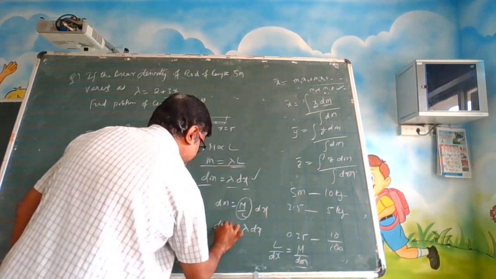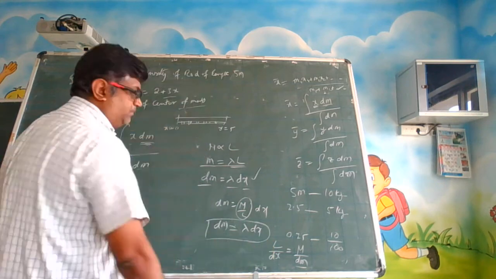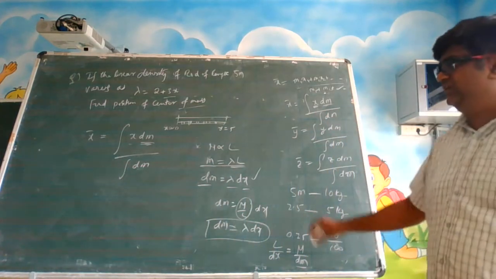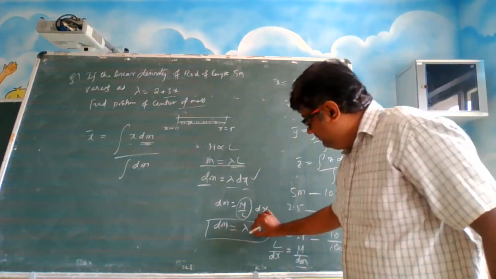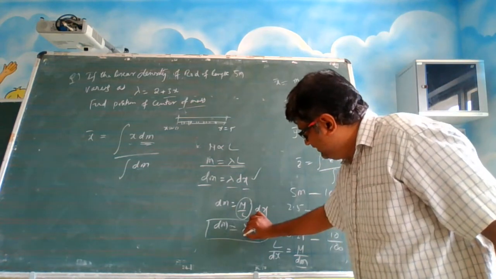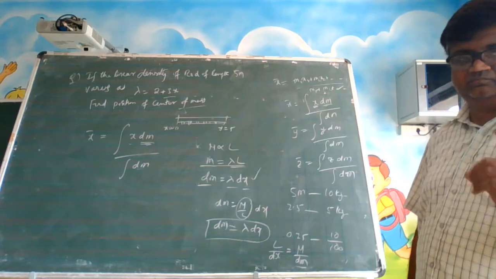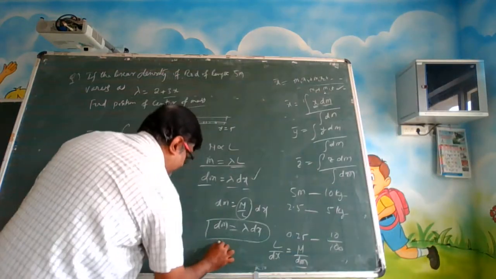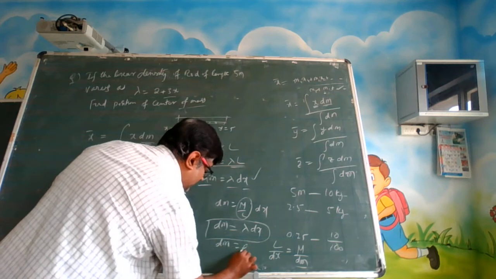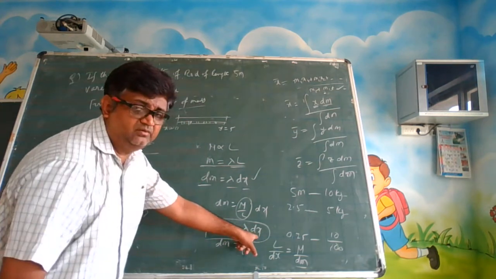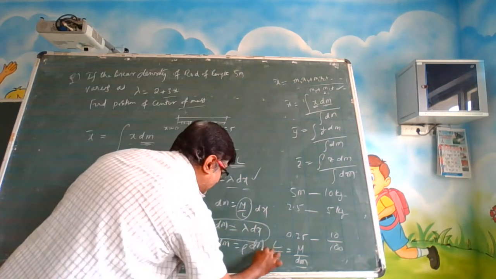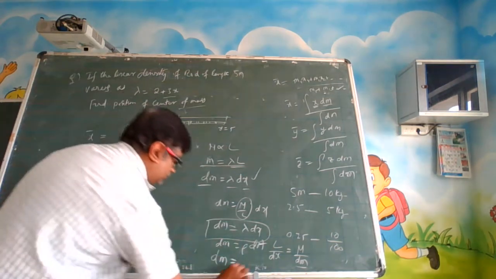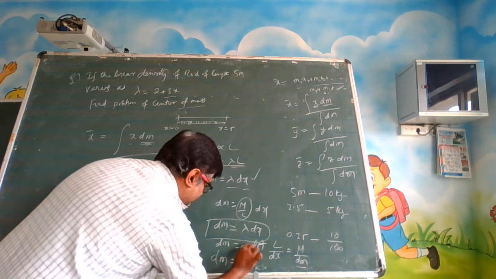This is the most important point. If you understand this, it is always clear in your head. If lambda is given, dm will be lambda dx. That is the first point. If area was given, dm would have been sigma dA; here x will not come, area will come, dA. Sorry, sigma would come, and if volume was given, it would be rho dV.